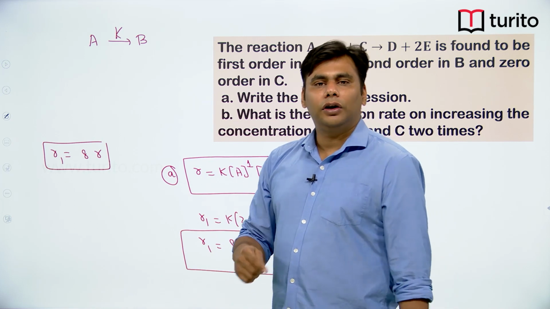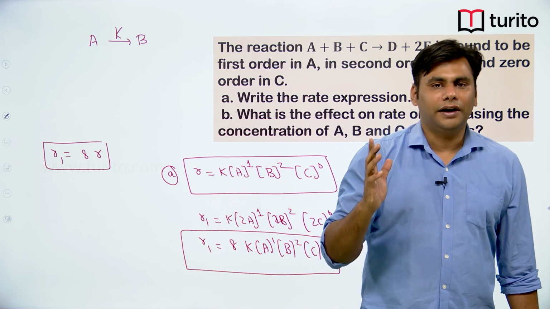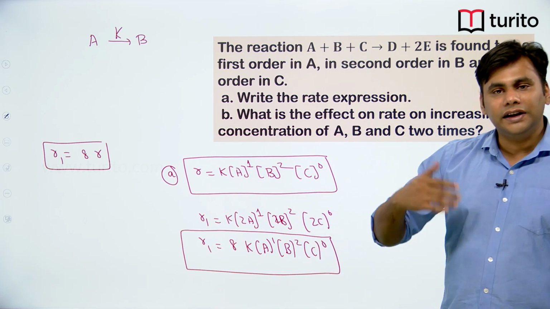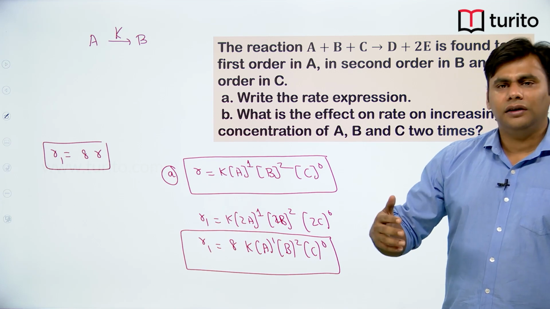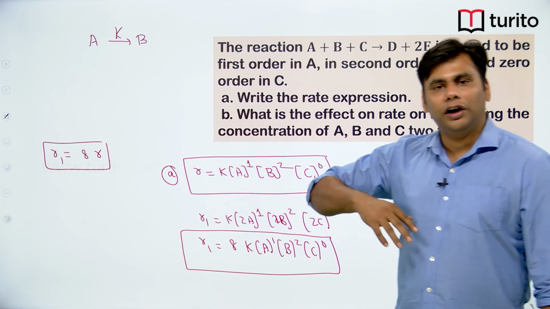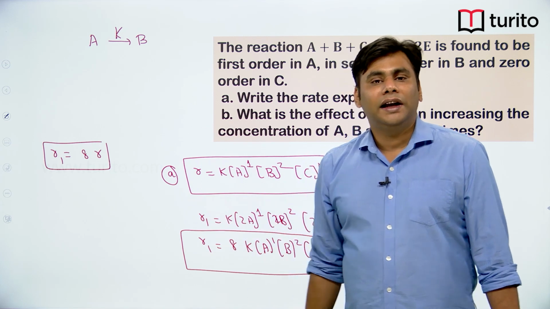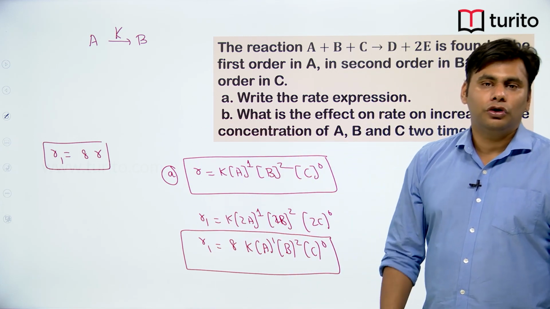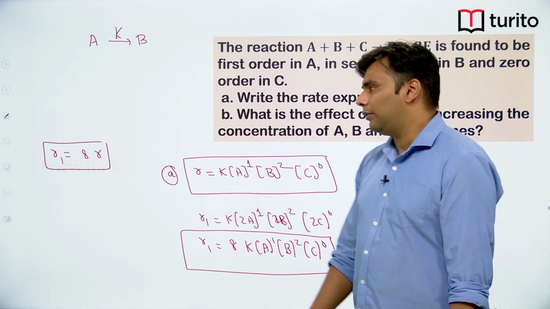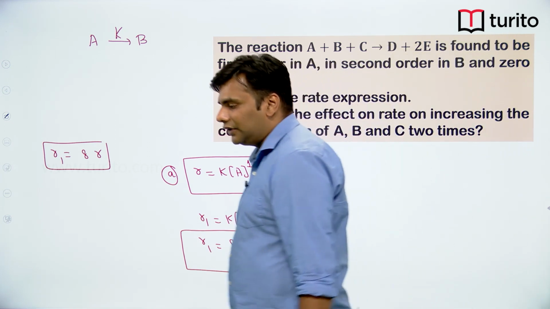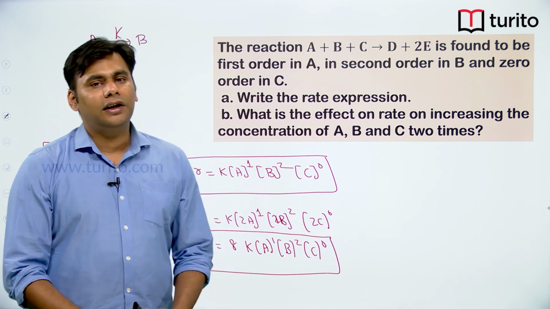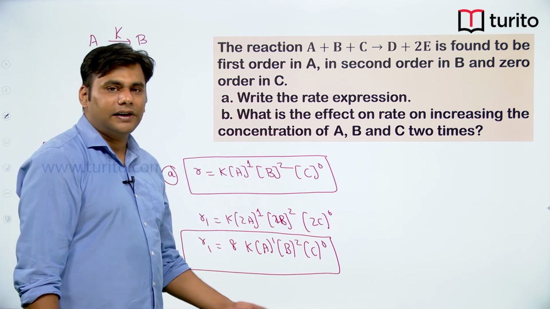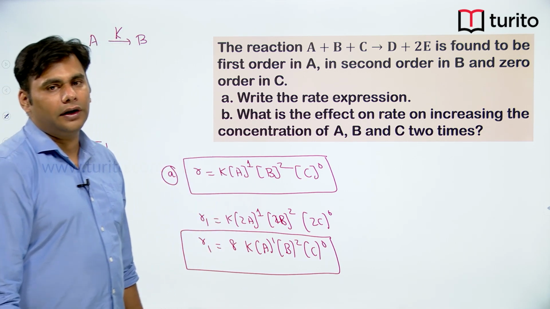It means that order with respect to A would have been 1. If suppose we increase the concentration to say 3 times, and the new rate came to be 9 times of the original rate, so basically the order would have been 2. So this is how we calculate in lab. We keep on varying the concentration and we keep on measuring the new rates, and we can say what the order of that particular reaction is.